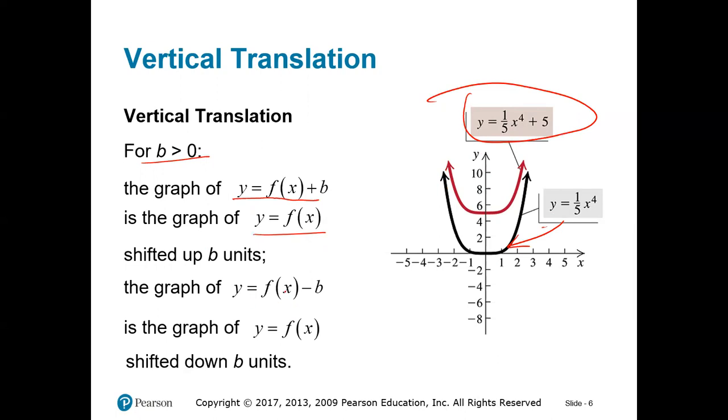Let's talk about this a little better. It's doing this in parts, which is good, but it can be a little confusing. If I have y equals f of x, my b tells me that the function shifts up. If it's negative b, it's shifting down, and that's what they're telling you here.